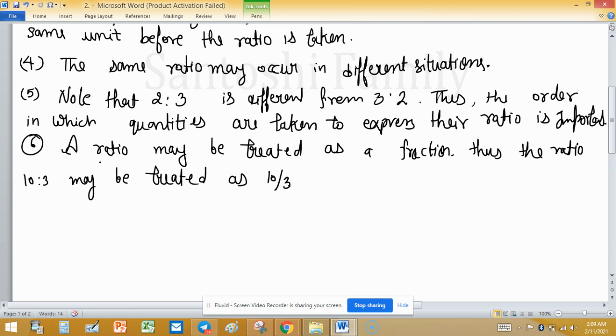Now the importance, it is a very important line: treated as a fraction. Why not rational?